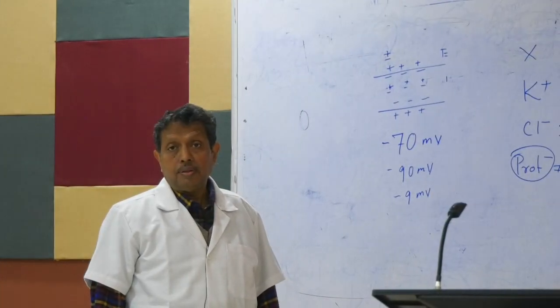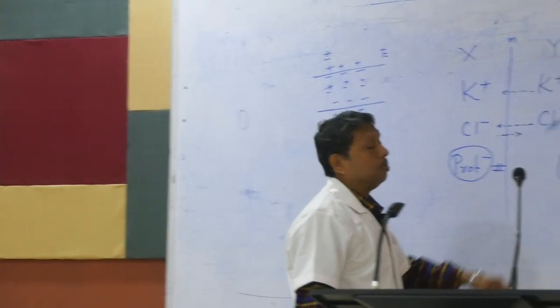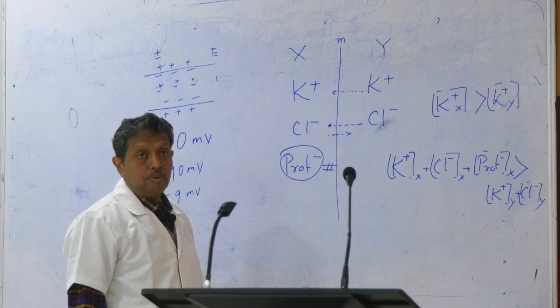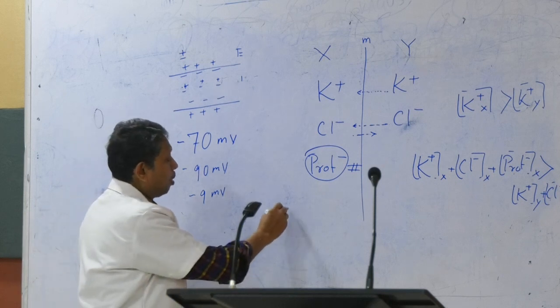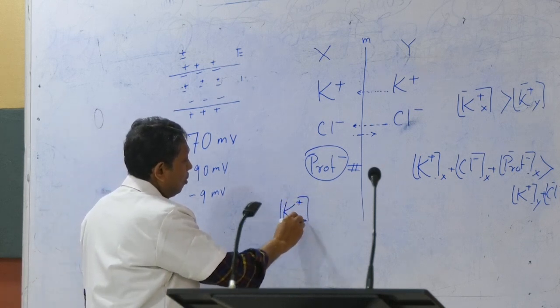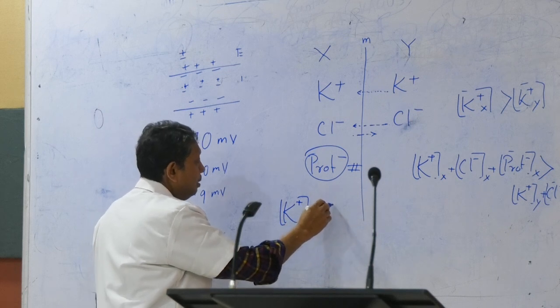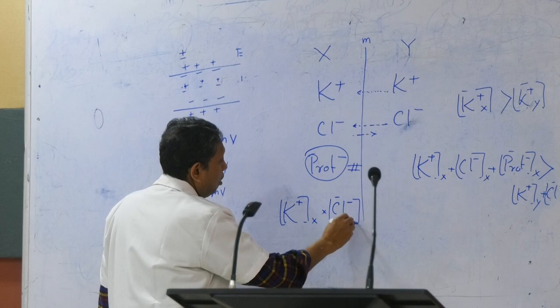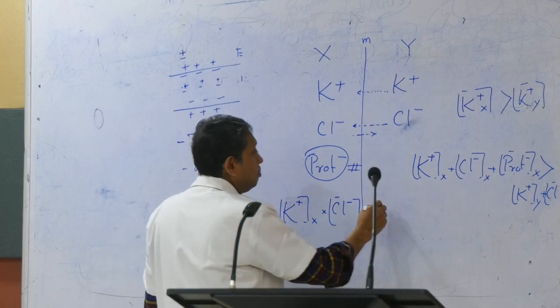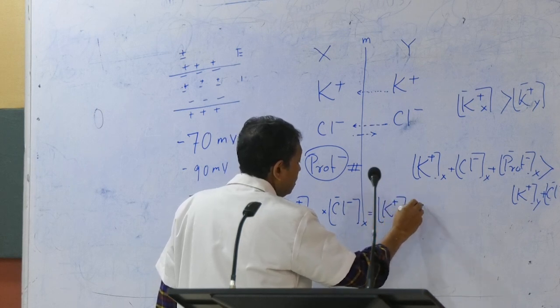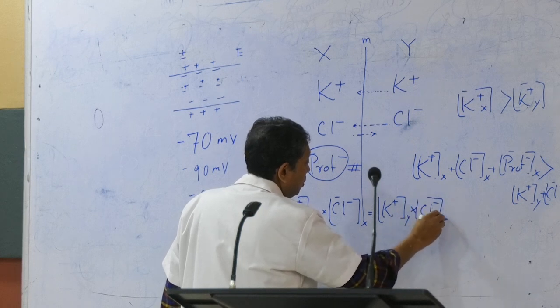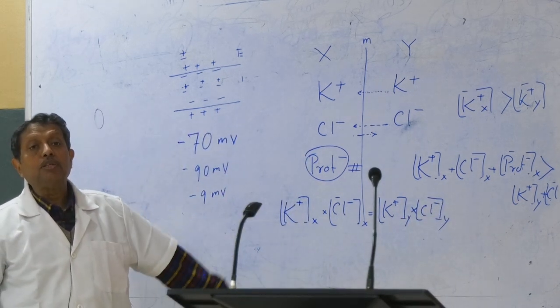Gibbs and Donnan showed, by considering their tendencies of neutralization, that at equilibrium the diffusible ions are disposed in such a way that the potassium concentration of X multiplied by the chloride concentration of X is equal to the potassium concentration of Y multiplied by the chloride concentration of Y. This is the Gibbs-Donnan equation.